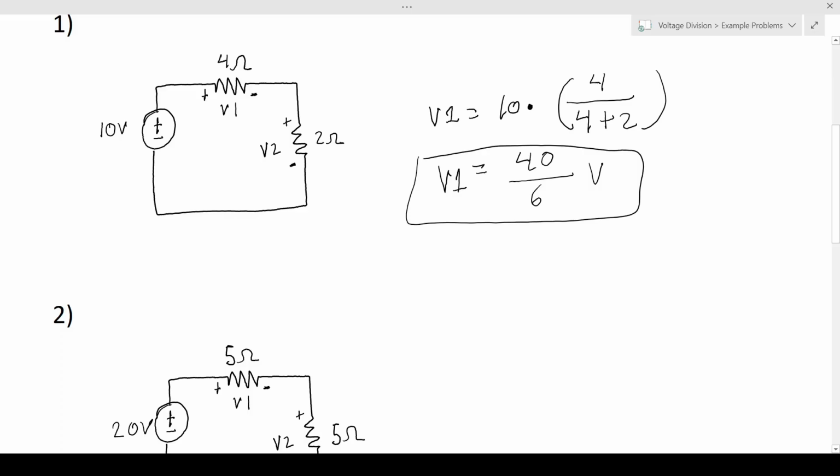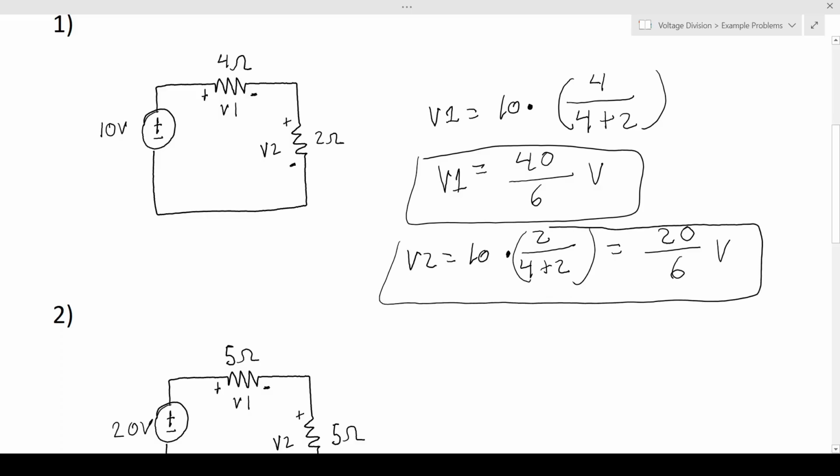So V1 is equal to 40 divided by 6 volts. V2 is equal to 10 multiplied by 2 divided by 4 plus 2. And we could evaluate that to 20 divided by 6 volts. So that's the answer for V1 and V2.